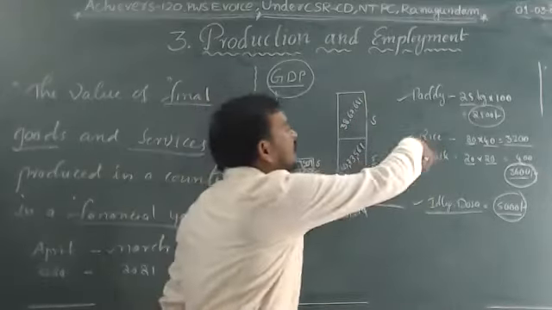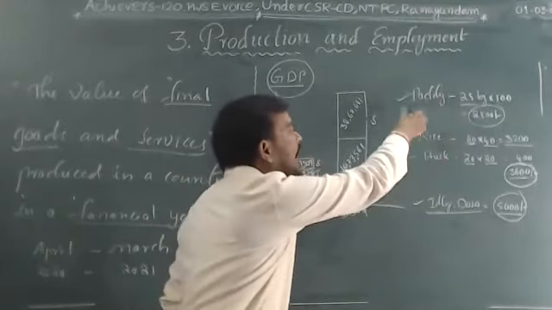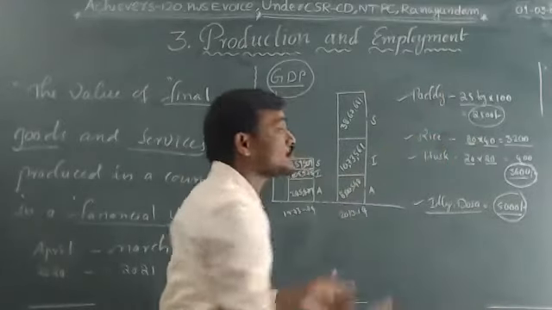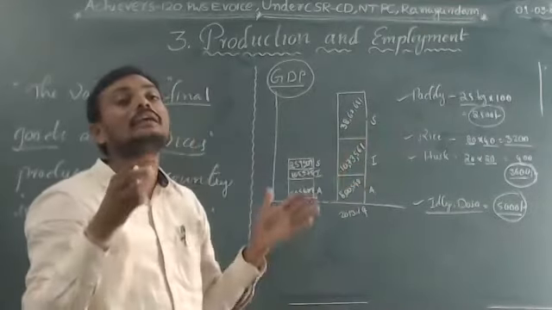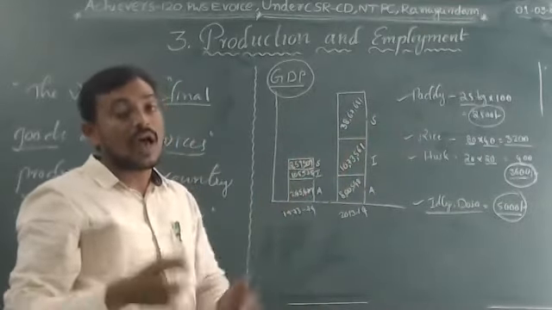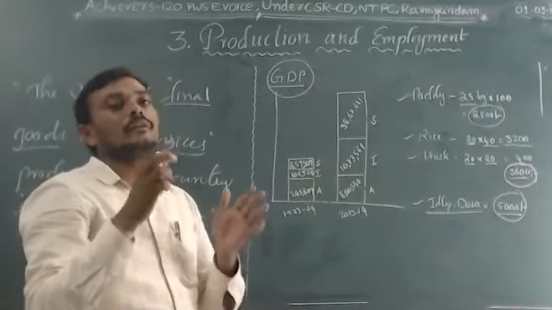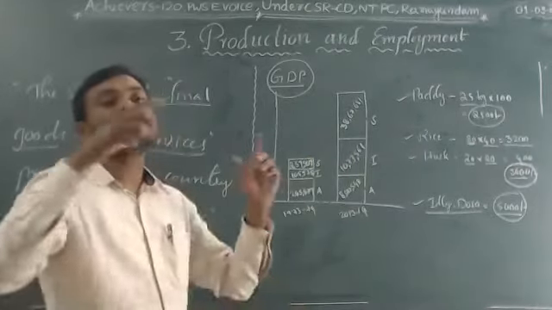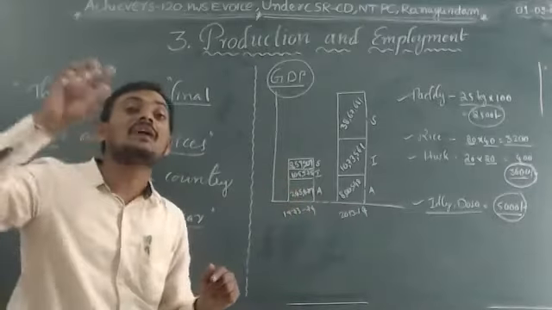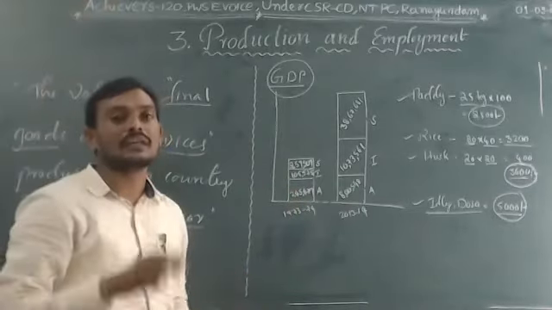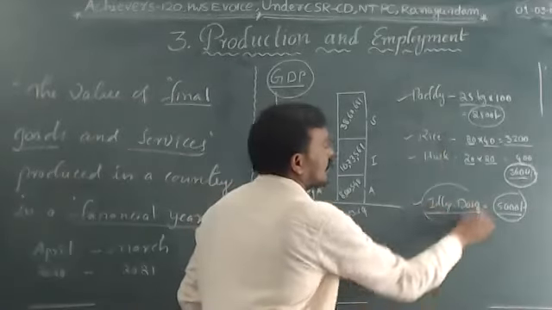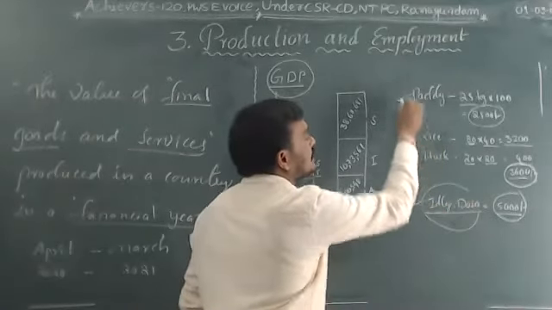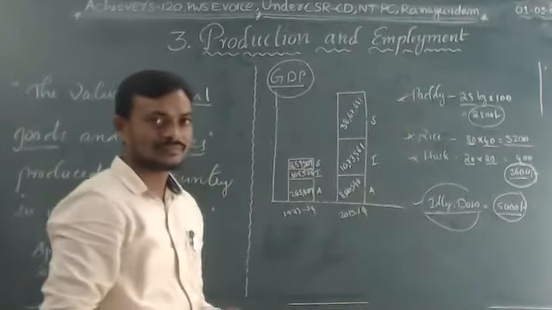So that is why they are under process. Paddy, rice and husk are under process, so we consider these three as intermediate goods. Then how do we estimate GDP? We estimate GDP by taking the value of final goods only. Here the final good is idli and dosa, not rice, husk and paddy.